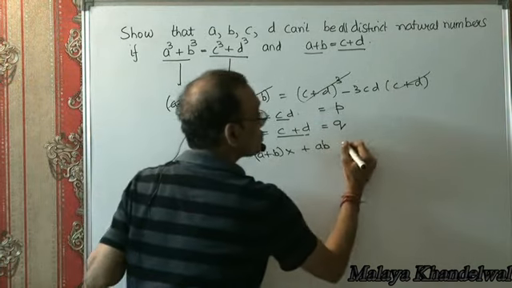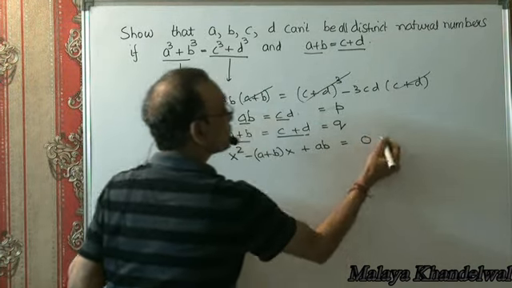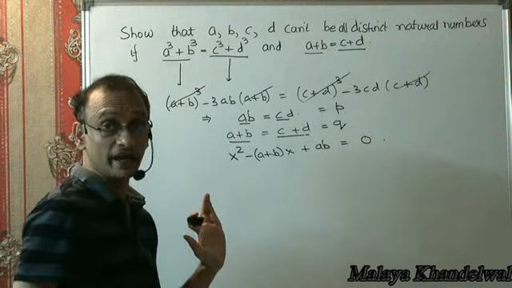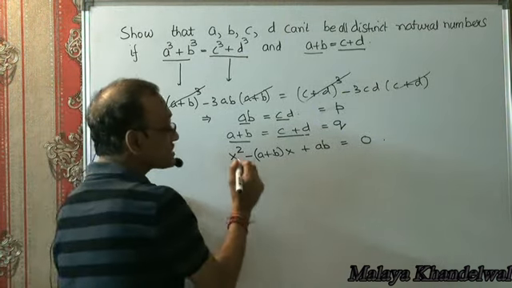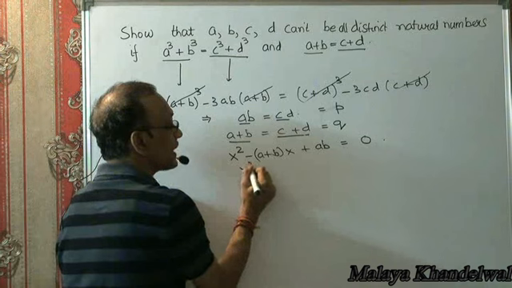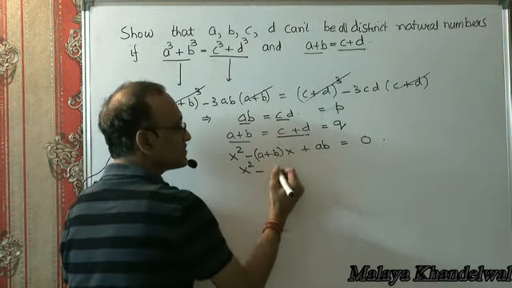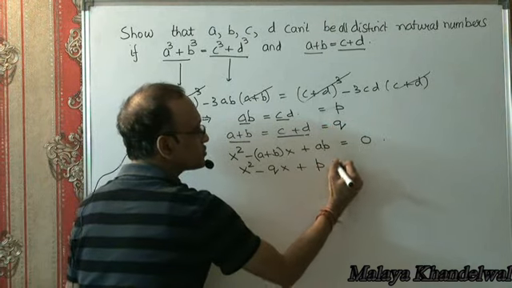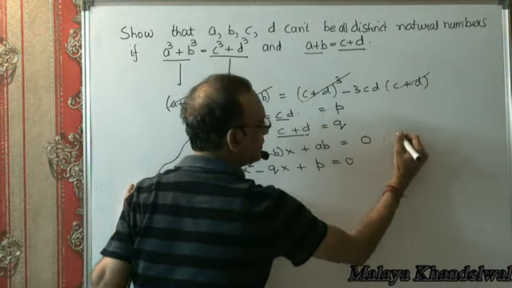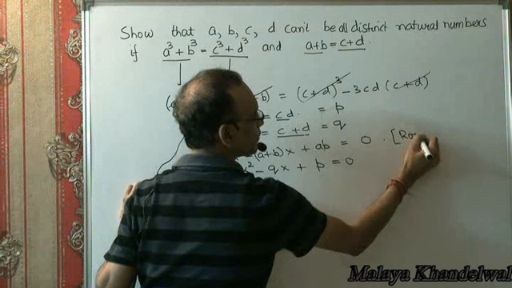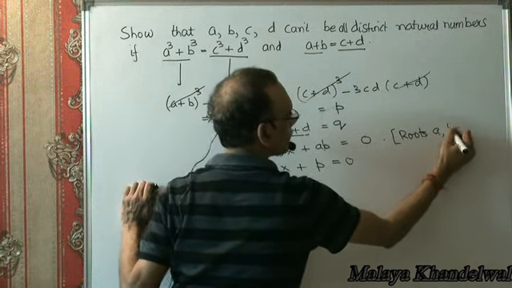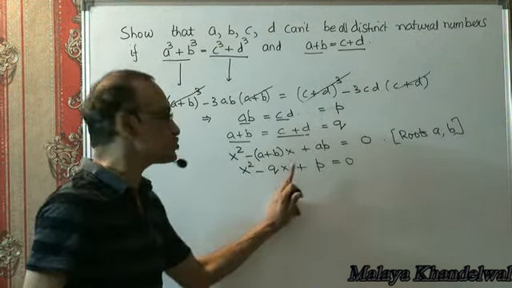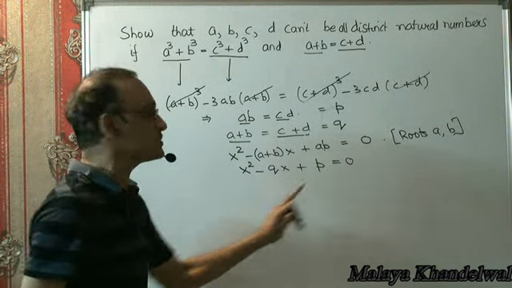This is a quadratic whose roots are A and B, right? And what does this reduce to? This reduces to x square minus (A plus B, which is Q) x plus AB, which is P, equal to 0. This is a quadratic with roots A and B: x square minus qx plus p equal to 0.